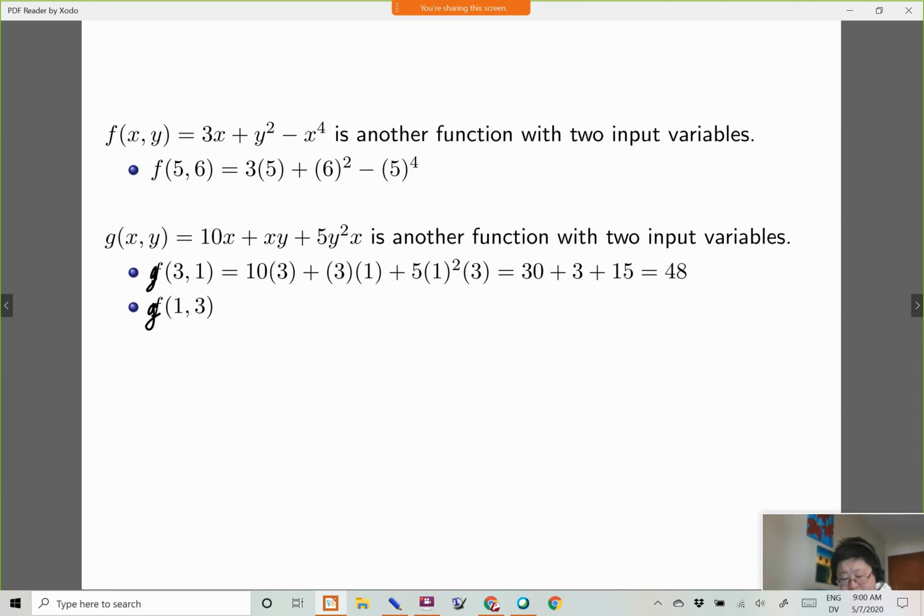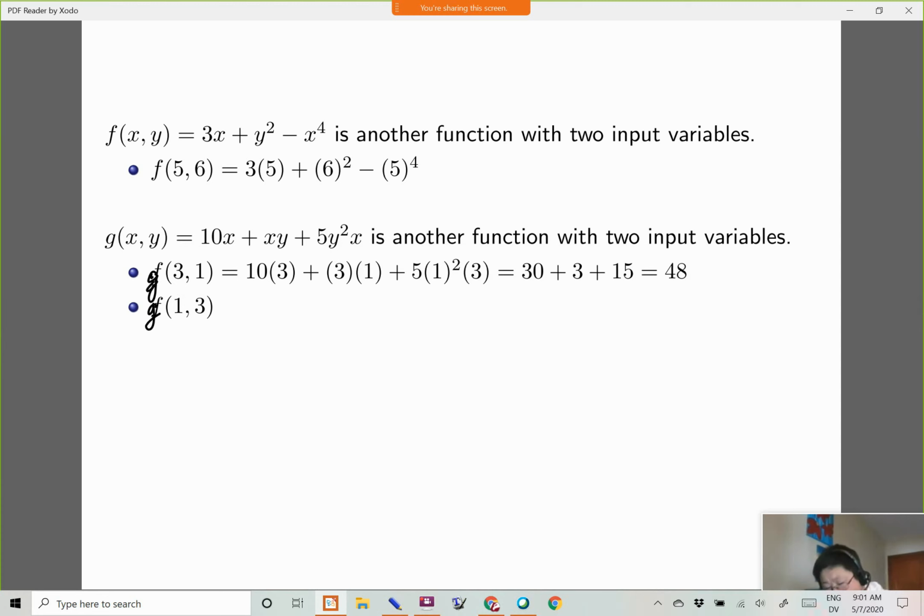I also want to talk about g of 1 comma 3. Now, to be real careful, notice all that really happened in these two questions is this g of 3 comma 1, this g of 1 comma 3. Let's be very careful, very methodical. Now the idea is that we should plug in a 1 for x and a 3 for y. Earlier, in the one we just finished, we plugged in 3 for x and 1 for y.